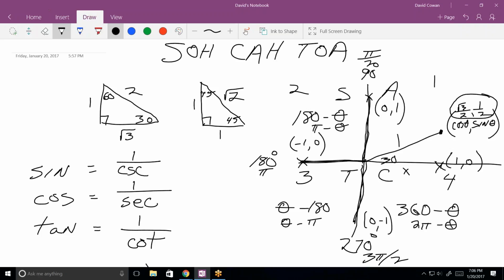So if I gave you what's the sine of 3 pi over 4, you don't really need to convert that to degrees. You can use pi minus theta. Well, if theta is 3 pi over 4, then pi minus theta is pi over 4, right? So the equivalent angle is pi over 4.